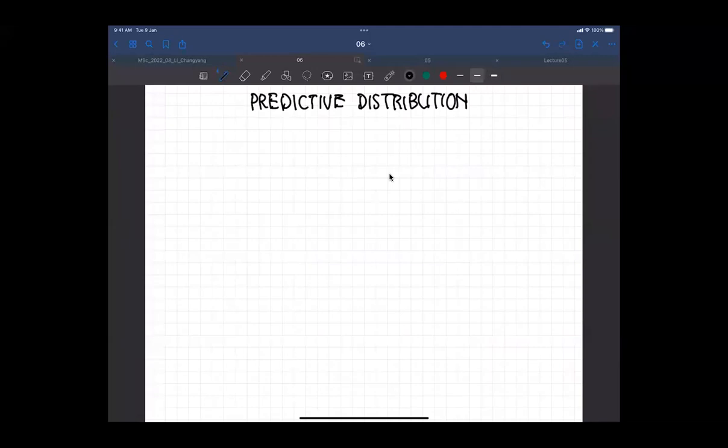Okay, so the goal here for predictive distribution for classification is to obtain what kind of expression that we want to have in predictive distribution. P of t-star given t.